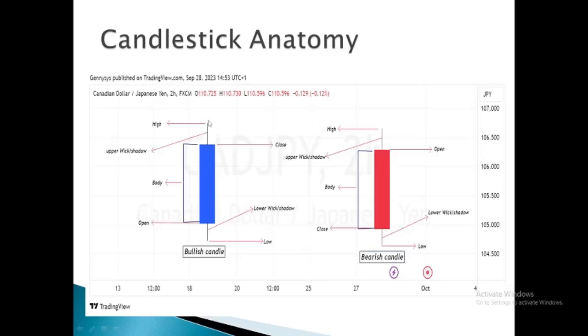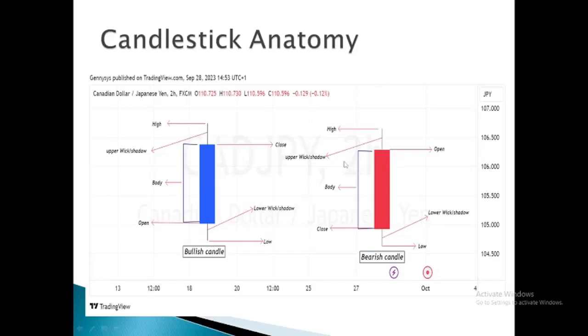Still within that 2 hours, price was all the way up here, and then finally the candle closed here. So a bullish candle opens below and closes above. We have the body of the candle, the open, the close, and then the wicks of the candle as the high and the low.